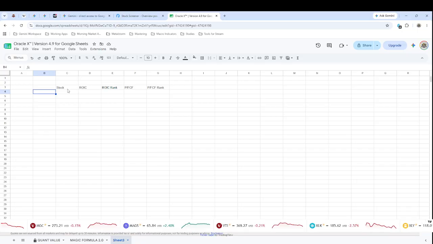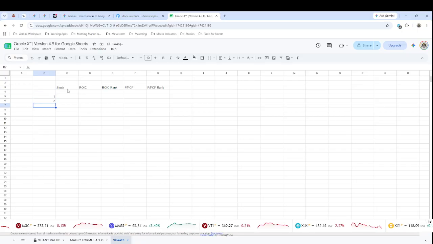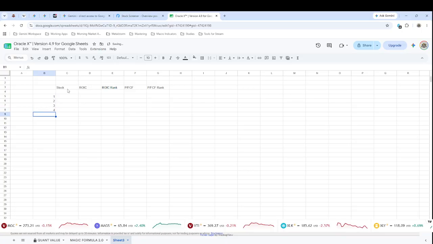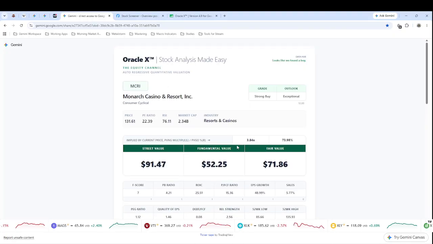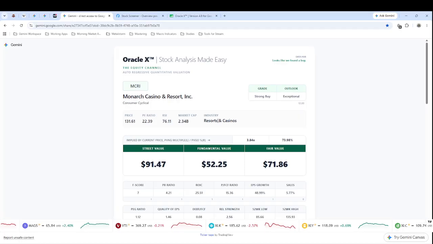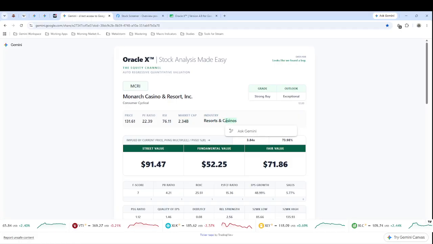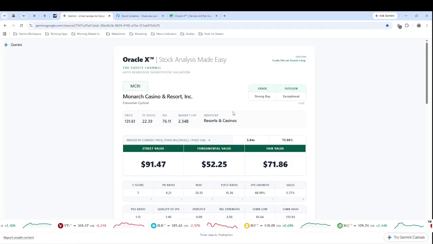I wanna have at least 5 opportunities here. So we got a strong buyer with an exceptional outlook here. Resorts and casinos. So I'm gonna remember this here. We're gonna try not to get a bunch of companies in the same area.